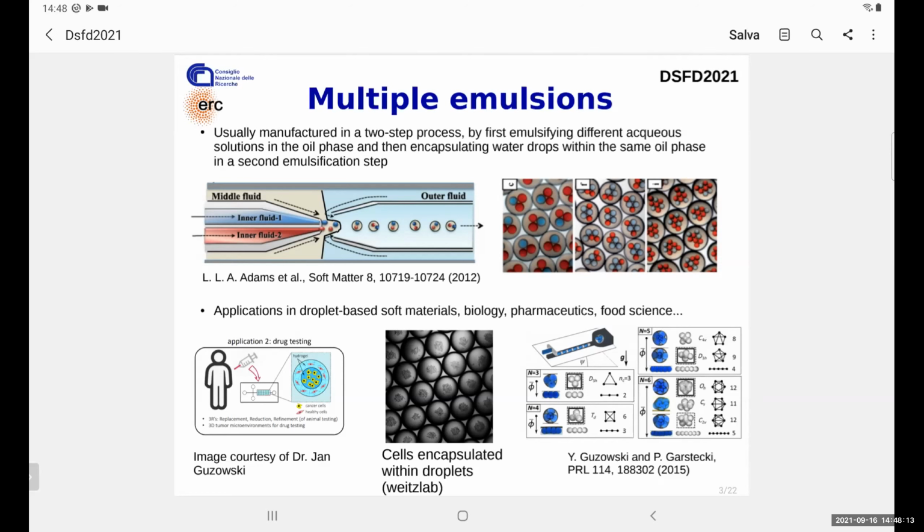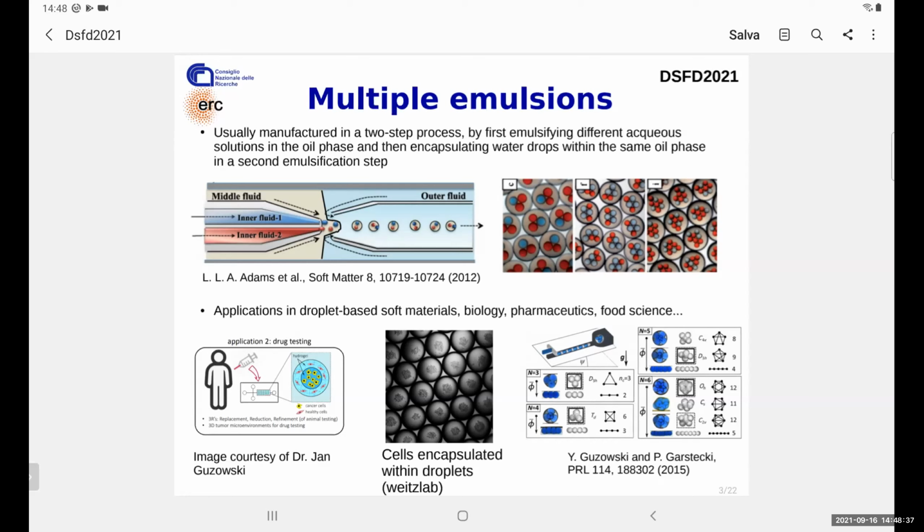And also, most of the times I like citing this last work made a few years ago by Gusowski and Gasteczki, in which they've been able to produce these highly packed configurations of these multiple emulsions, which they confine, and they have shown that these droplets display sort of topological and mechanical properties which are very similar to molecules, basically.